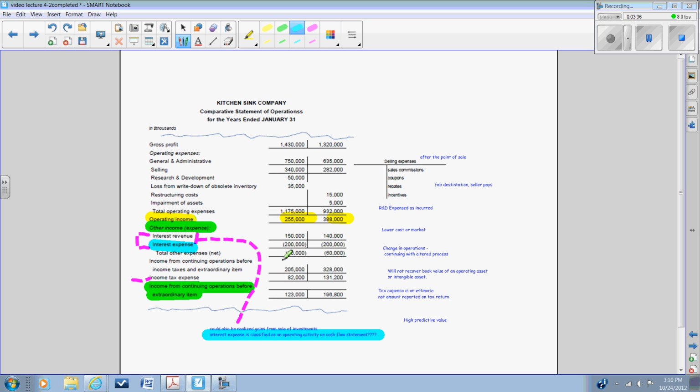We then present the total of these other revenues and gains that will either increase or, in this case, decrease operating income. And we have a line item called income before taxes. And again, in the case of kitchen sink, they not only have income taxes, they also have an extraordinary item, and they have discontinued operations.